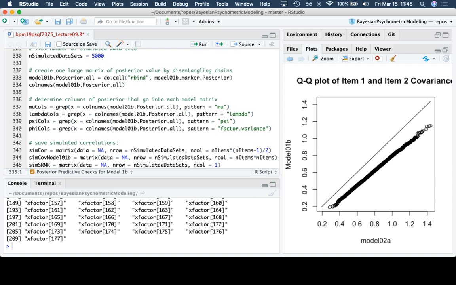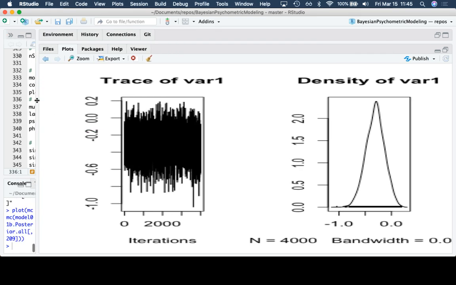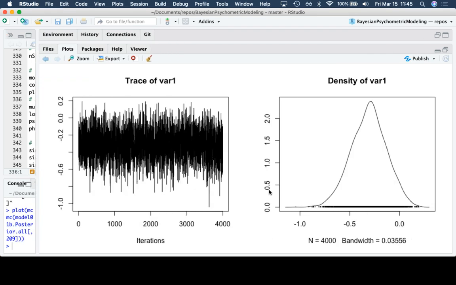So here is the posterior distribution of what we think this person's factor score should be. The point estimate of the posterior distribution is somewhere around -0.25.